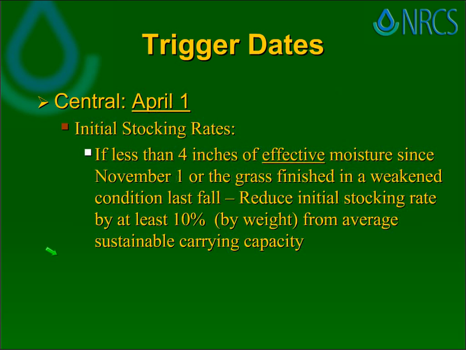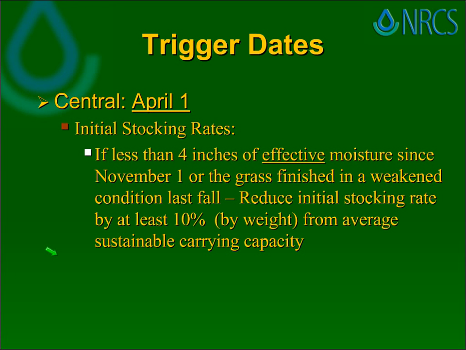Once that November through April 1 decision is made, as we approach this April 1st area, we're going to try to figure out what our initial stocking rates are. The way that we approach it, at least from a short-term drought, has been this less than 4 inches of effective moisture since November 1.